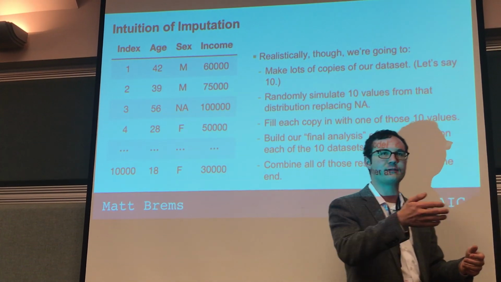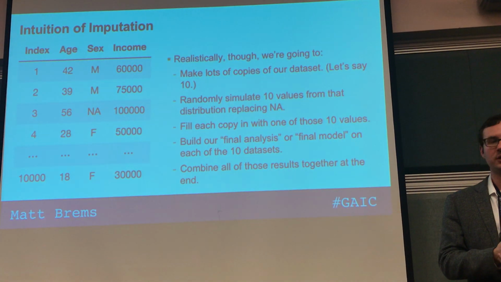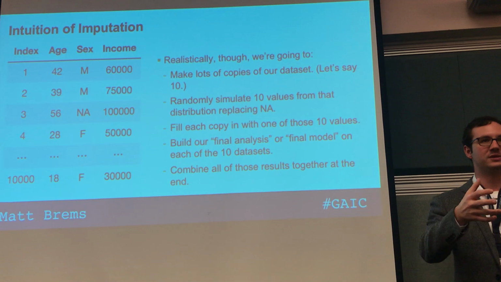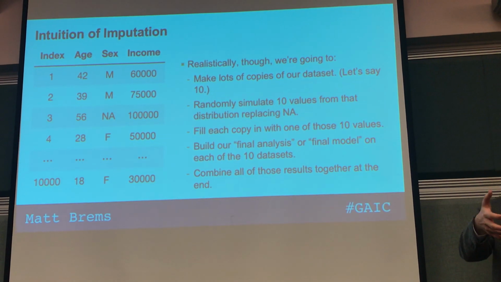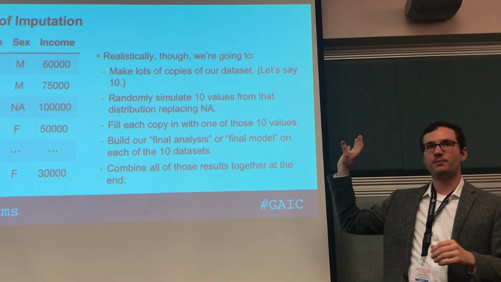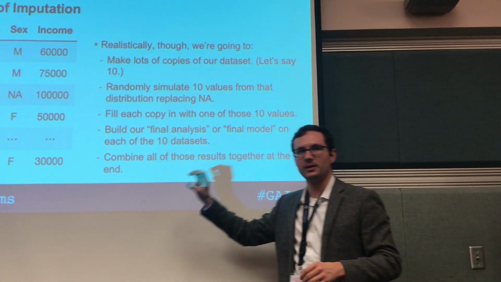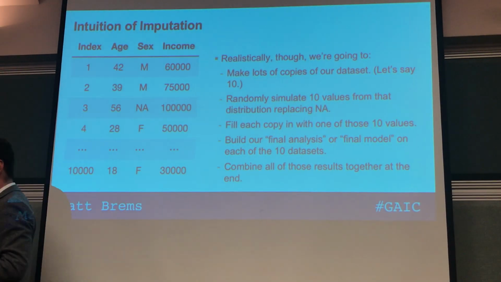For predictions, we're going to average them or do a plurality vote, or if we're trying to do inference, we're going to use Rubin's Rules to bring those confidence intervals together into one summary for those different coefficients. That is the intuition behind imputation, and that is what imputation actually practically is.